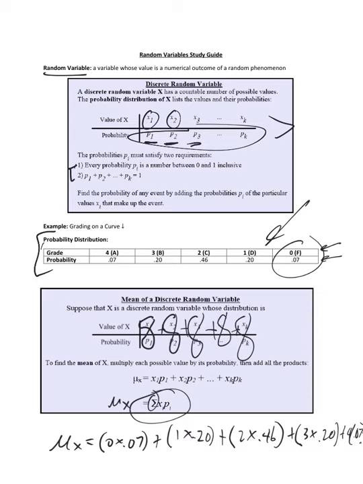So each of these products: 0 plus 0.2 plus 0.92 plus 0.6 plus 0.28, and you add all those up, and that would be the mean.